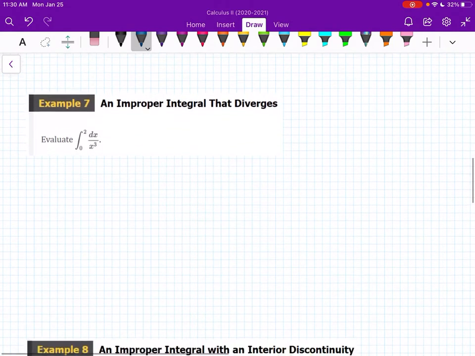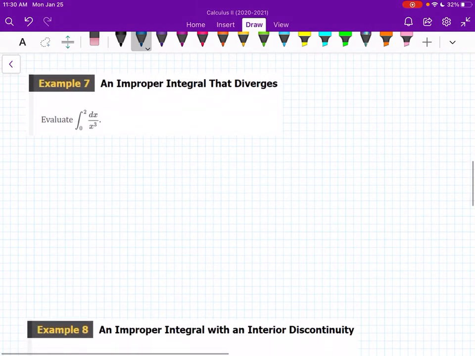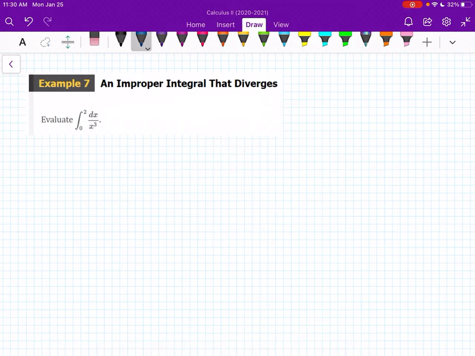Our next example. Here we're talking about an improper integral, and this one is going to diverge. Let's see what that looks like. I'm going to rewrite this with my limit because 1 over x cubed is discontinuous at 0, has an infinite discontinuity. So I'm going to take the limit as b approaches 0 from the right again, from b to 2.